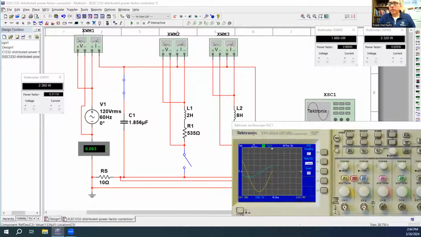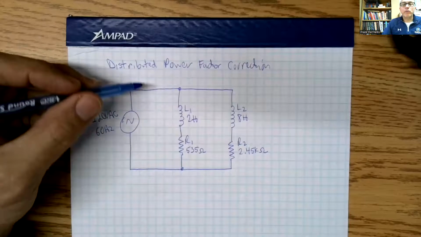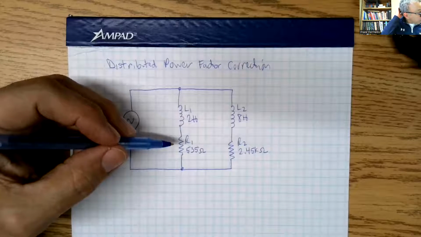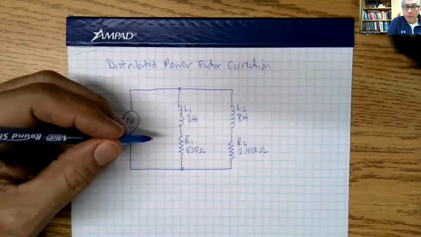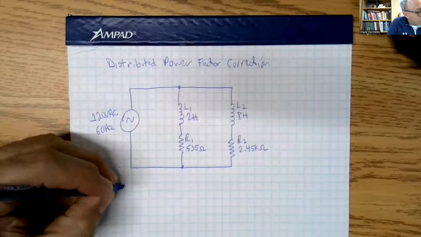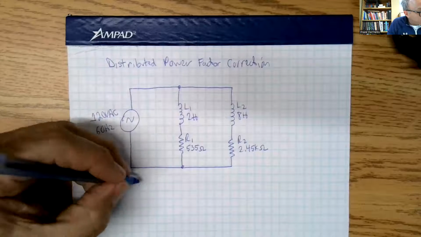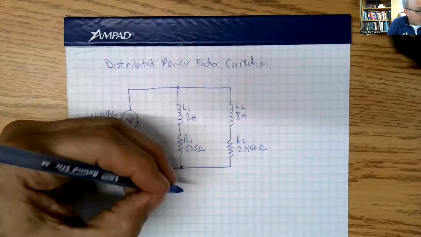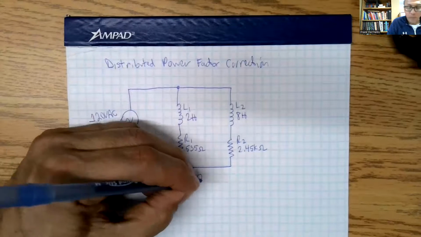So let's move now to correct branch 1. I'm going to switch here to paper. So we have branch 1, with a 2 Henry inductor with 535 ohms of resistance. Let's do some calculating. The reactance of that inductor is XL1 = 2πfL1, which is equal to 753 ohms.